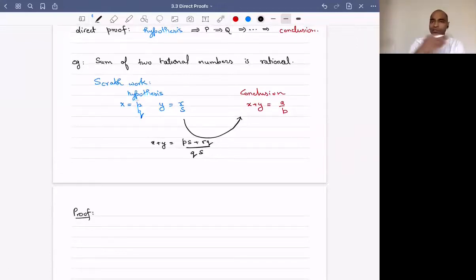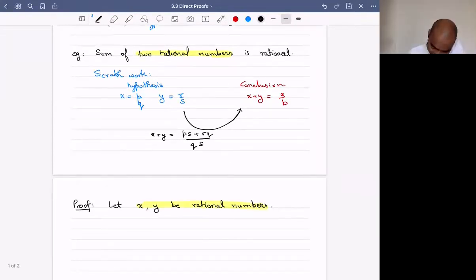The discovery can be in any order possible, but when I write the proof, I must start with the hypothesis. My hypothesis is I'm starting with two rational numbers. So I'll say let x and y be rational numbers. Now I need to expand on what a rational number means.